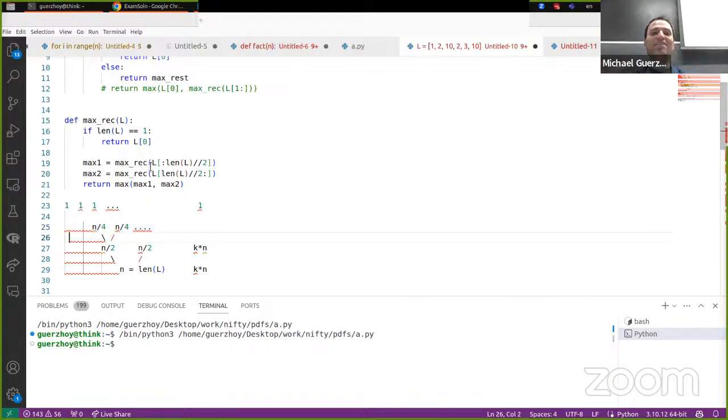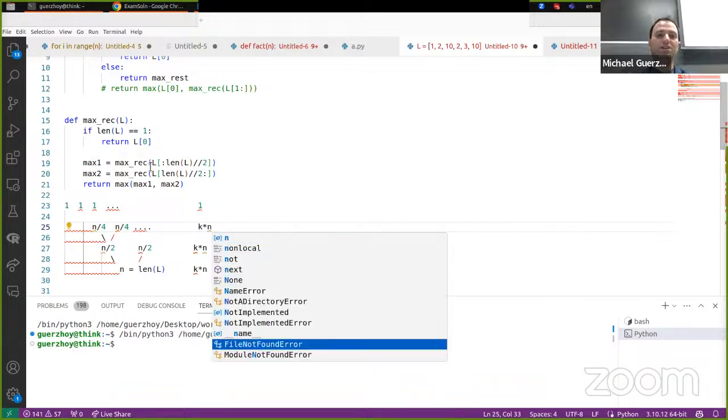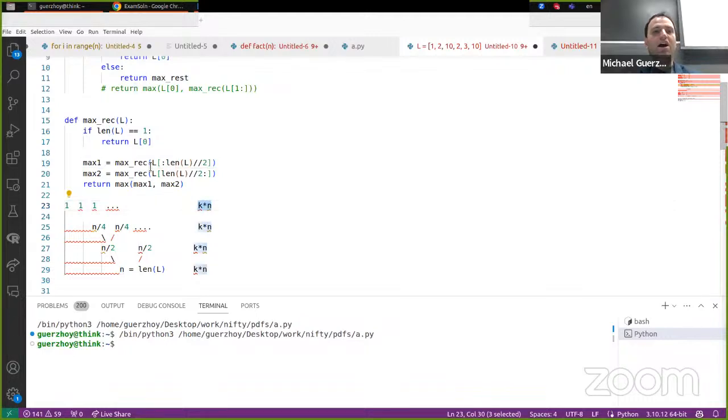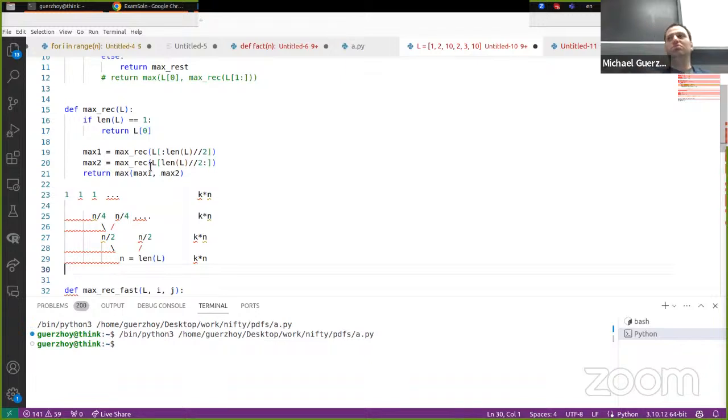So that's, again, work that's proportional to k times n. And that's how it goes. Well, not on this level, actually. Oh, yes, on this level. So on this level, for each call, you're doing one piece of work, but there's n calls.